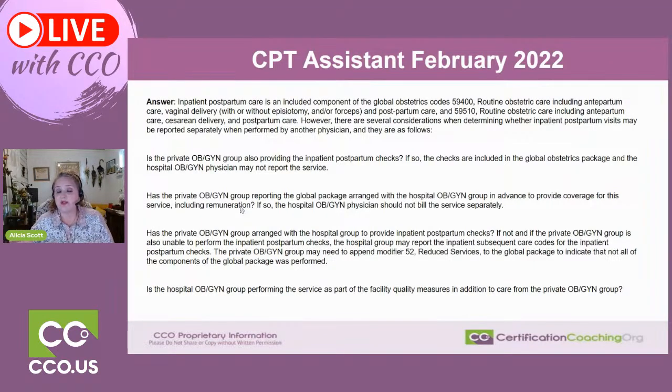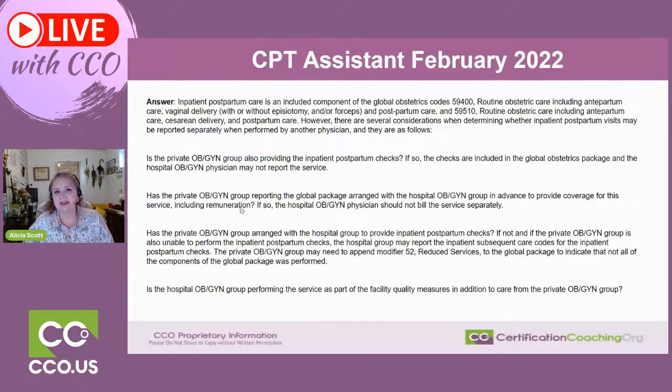And quality measures are metrics that the hospital's maintaining, and they want to check on different specific scenarios, like how many C-sections are being done at their facility, or how many complications resulted in a C-section, or how many complications resulted after, like infections and so on. That's different. That's not reimbursed either, because the hospital is being reimbursed for that for their metric system. Okay, so I know that gets kind of confusing.